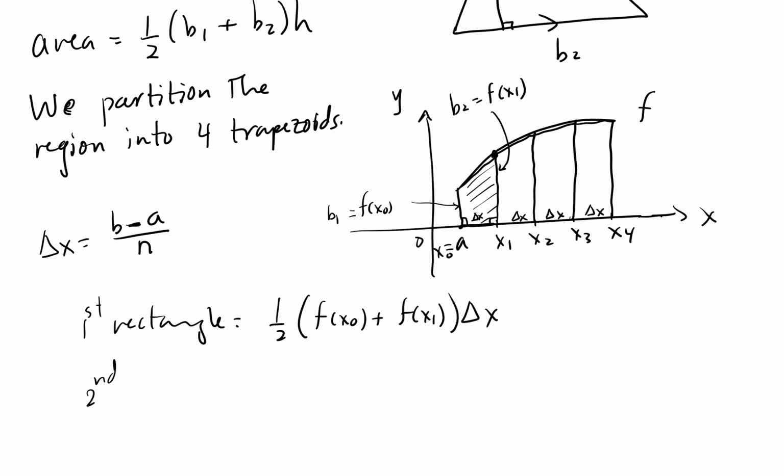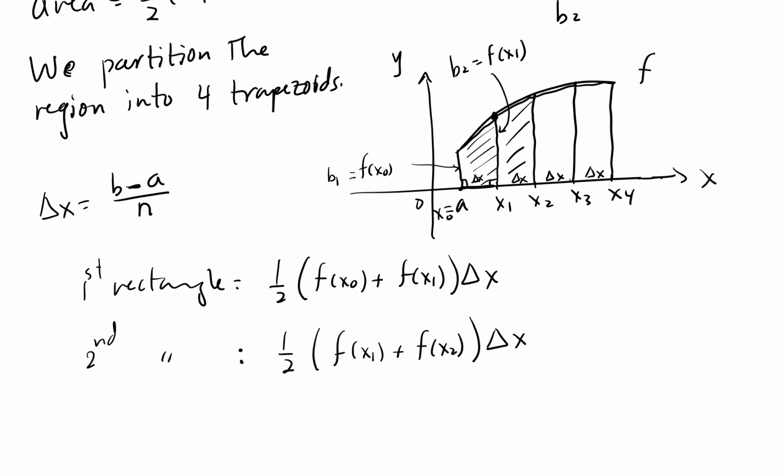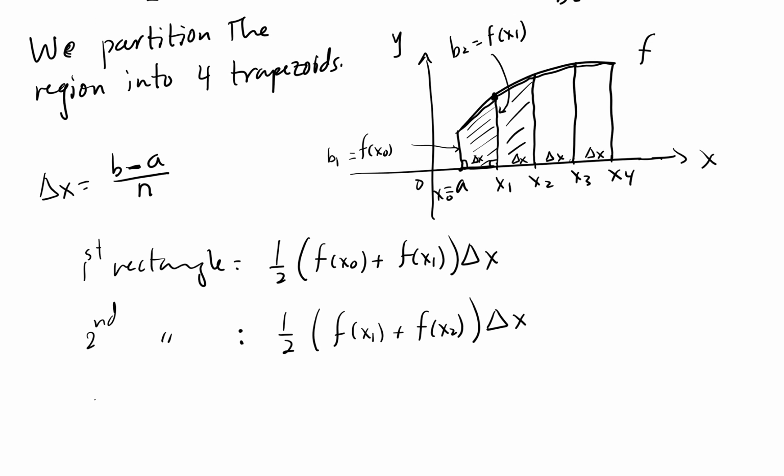Second rectangle, 1/2, base 1 for this rectangle is f of x1, then f of x2, times delta x. For the third rectangle, and then we're going to do the fourth rectangle, both of them 1/2, 1/2.